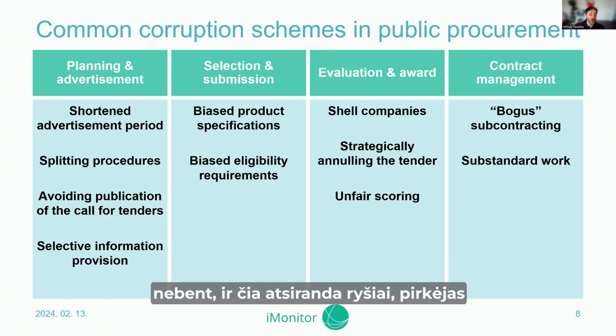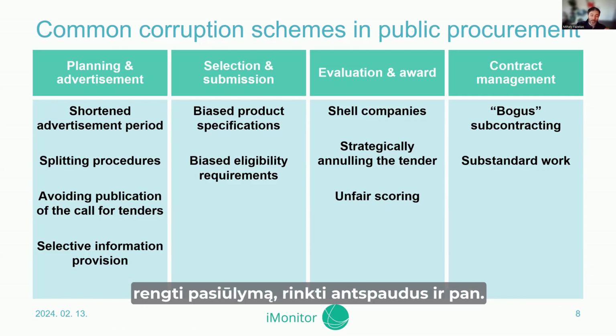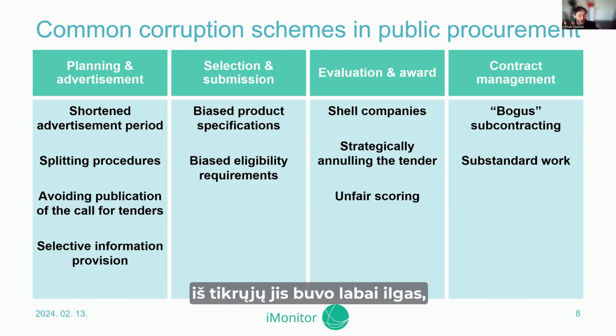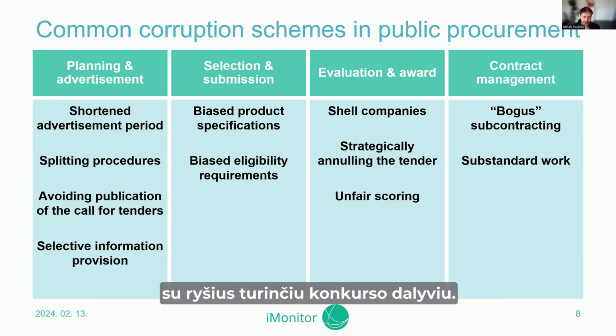Unless, and that's where connections come in, the buyer connected to a particular bidder has already shared the information on the tendering terms, so the connected bidder could start earlier to put together the bid, collect those stamps, and so forth. So even though the official advertisement period is short for everyone non-connected, it was actually very long for the connected bidder, who was given inside information.